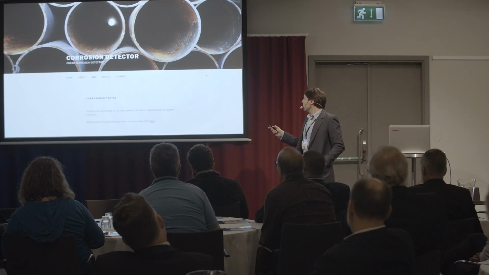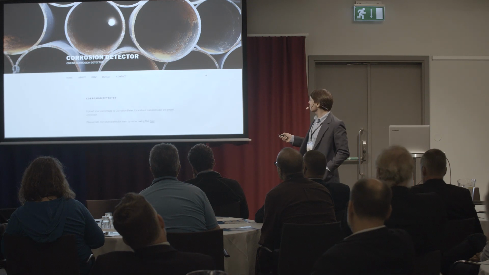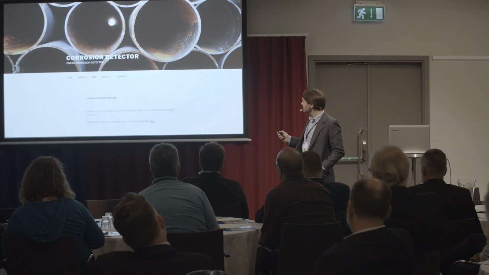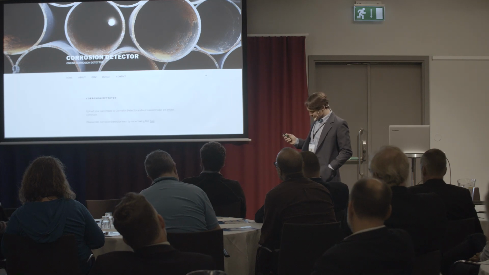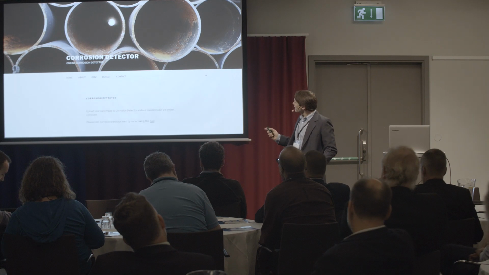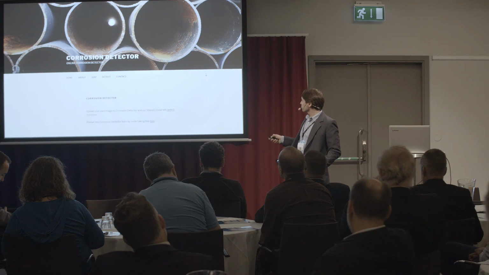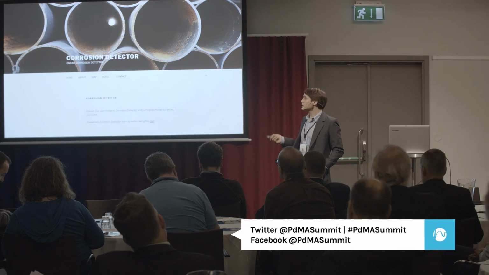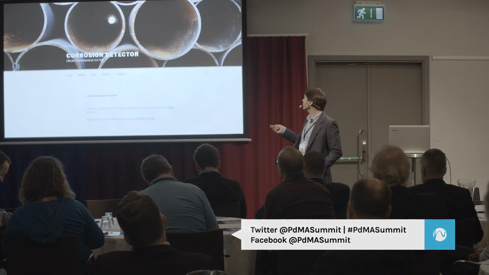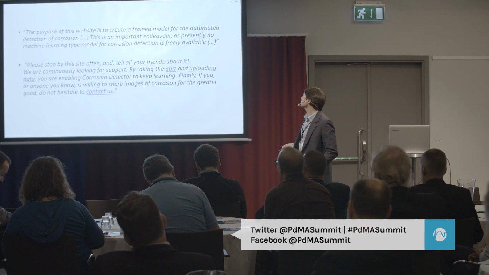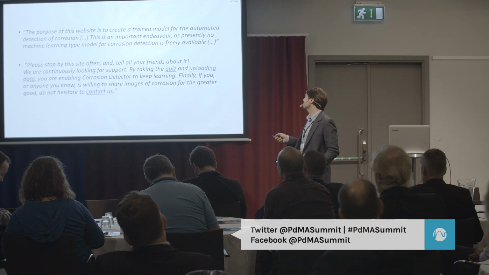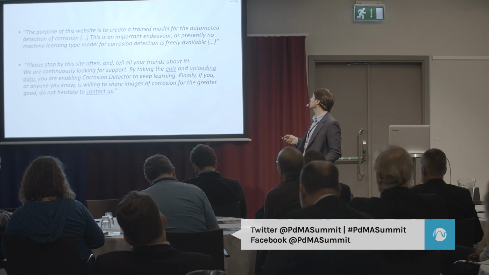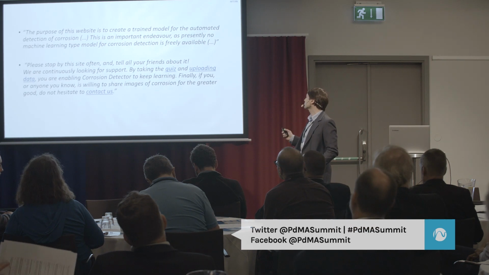Okay, and this last thing about corrosion, I promise. This is also a website created by Nash and Birbilis, and they made this website so you can upload your own image and corrosion can be detected in your image, and it's for free. That's why I thought it was good to mention, because they also wrote on the website that the purpose of this website is to create a trained model for the automated detection of corrosion.